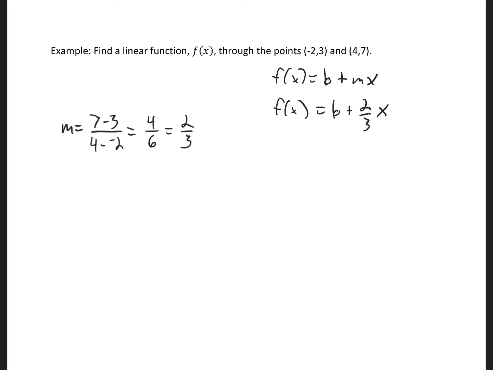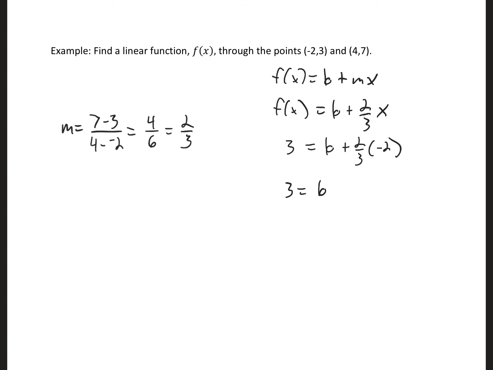We can then use either one of those points to work backwards to find the vertical intercept. So let's say I consider taking the point negative 2, 3. That tells me the output is 3 when the input is negative 2. We can then solve this equation for b.